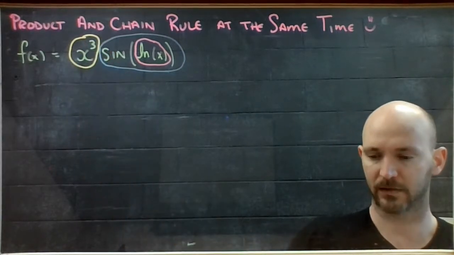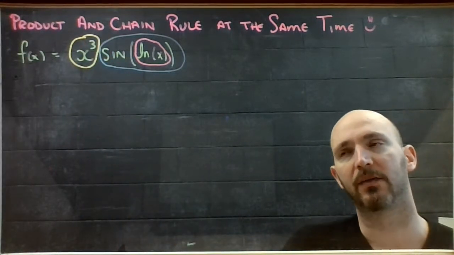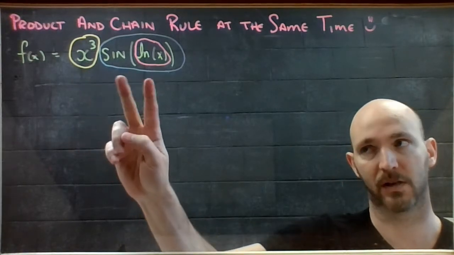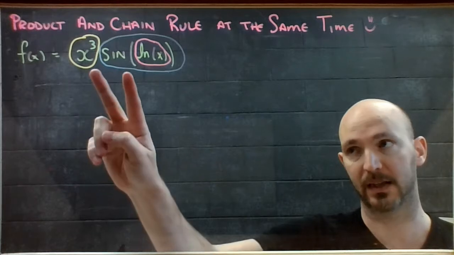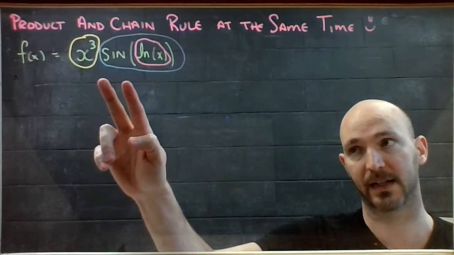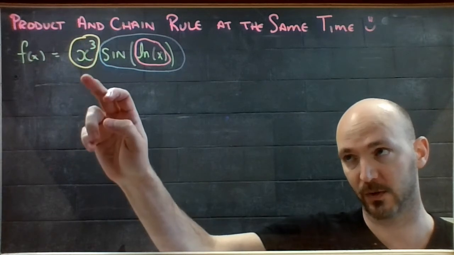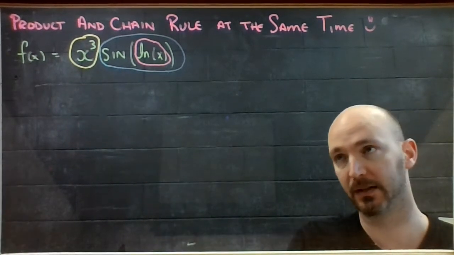All right, so if I look at that, I can see that the blue bubble and the yellow bubble are multiplications, right? They are a product rule setup. So I'm going to need to use the product rule to do this piece and this piece separately.